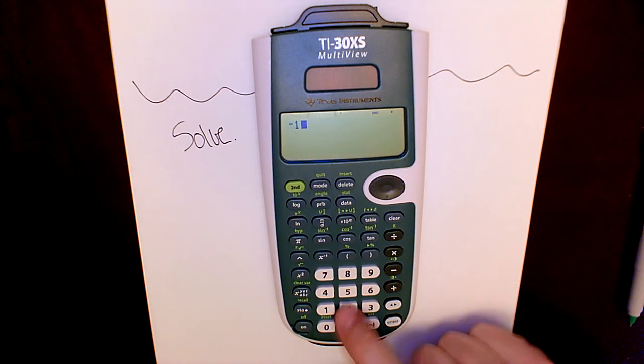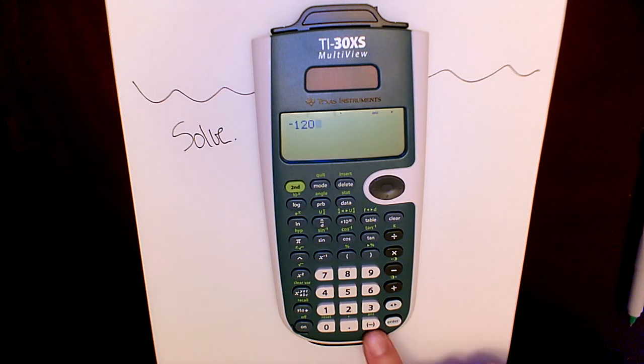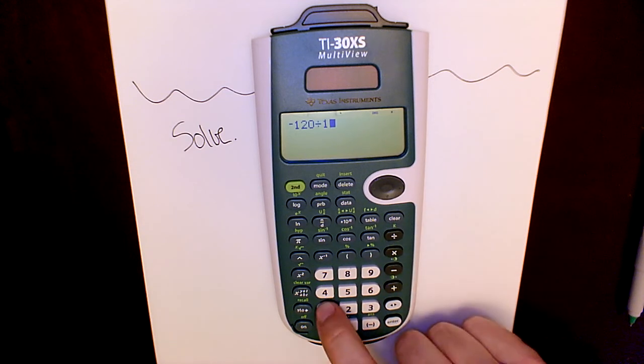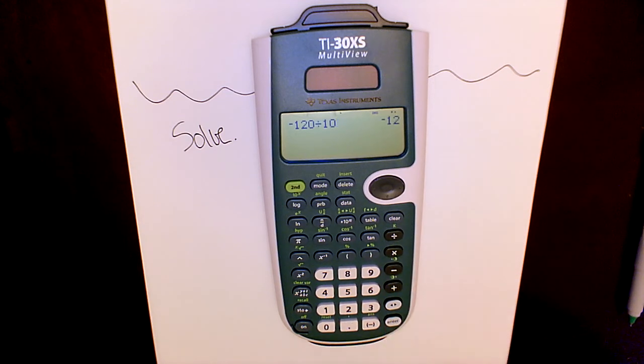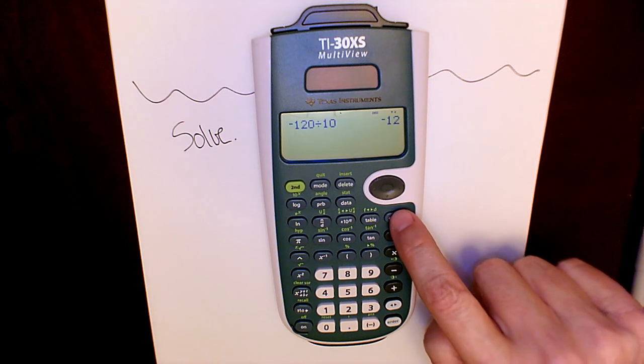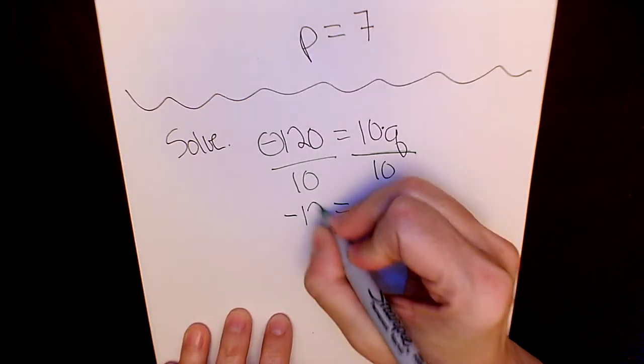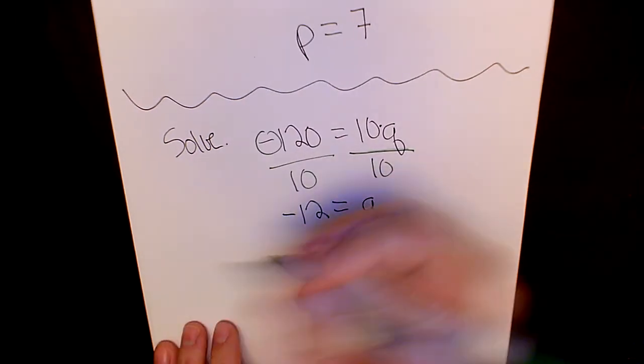So -120, remember the negative is by the enter, divided by 10. And my answer is -12. So don't forget to put your negative key in front of the 120. So my answer is -12, and that's my solution.